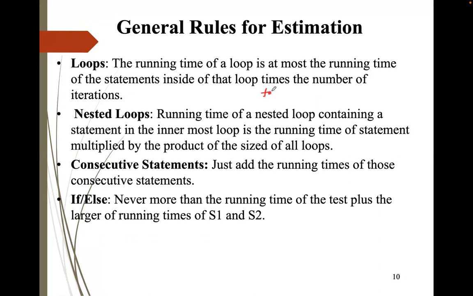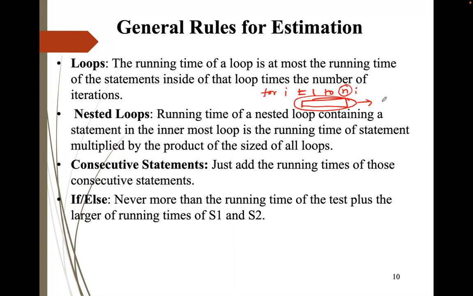If we have a loop like for i equals 1 to n, and something happens inside this loop, the runtime is at most the runtime of the statement inside the loop times the number of iterations.